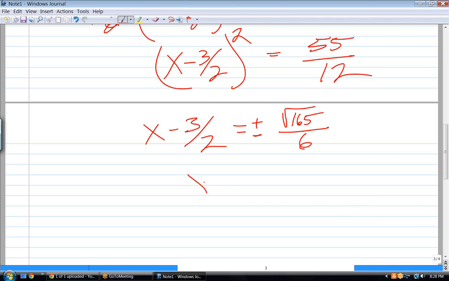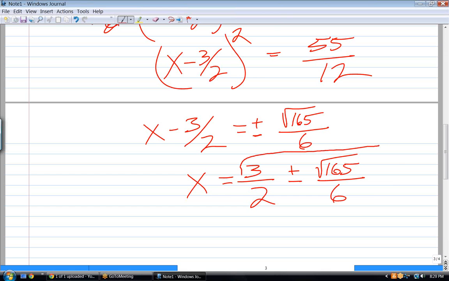Add 3 halves. And put it in front, not afterwards. The only reason I say do that is because if we use the quadratic formula to solve this, we're going to get the answer exactly like that.